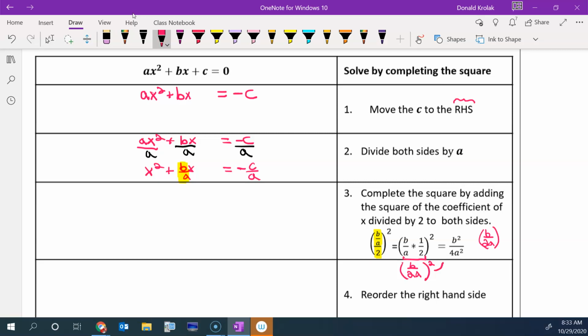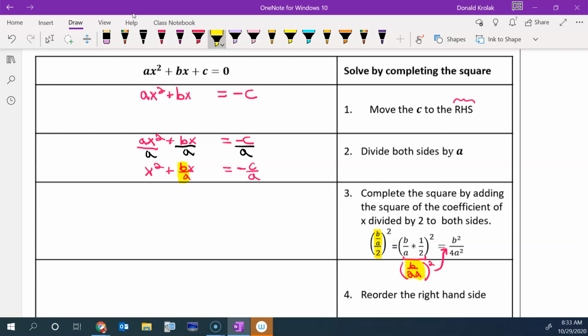So that's going to become b squared over 4a squared. So this is the number that we get when we take half of the middle term and then square it.